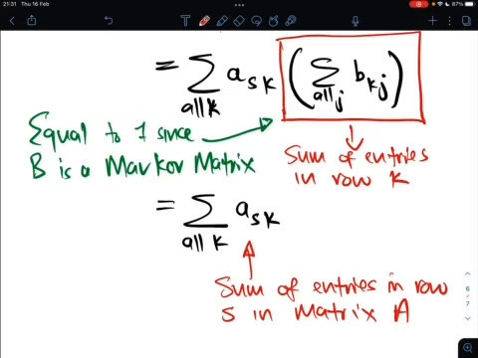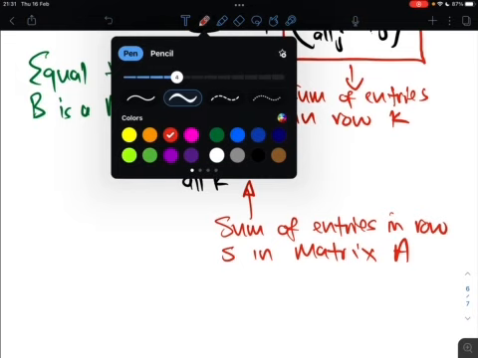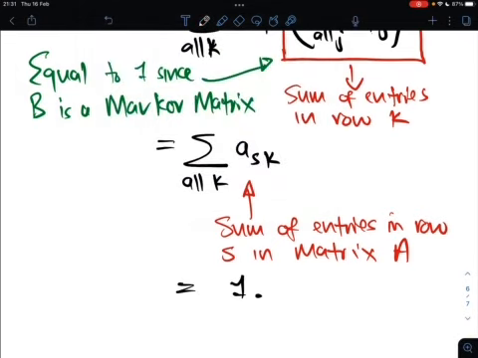But already A is a Markov matrix. So if you fix yourself at S and sum around k, you still have to get 1. So this whole thing has to give us 1.